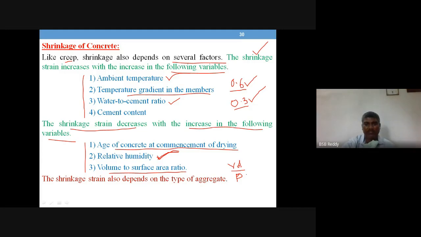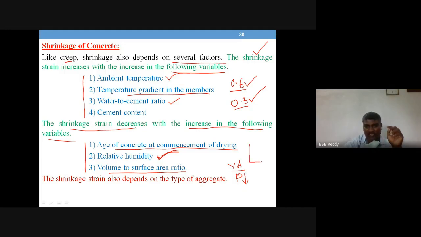If this is increasing, what does it mean? Perimeter is reduced, meaning the area of exposure reduces. If the area of exposure is reduced for a member, then the drying process, the shrinkage process, also reduces.